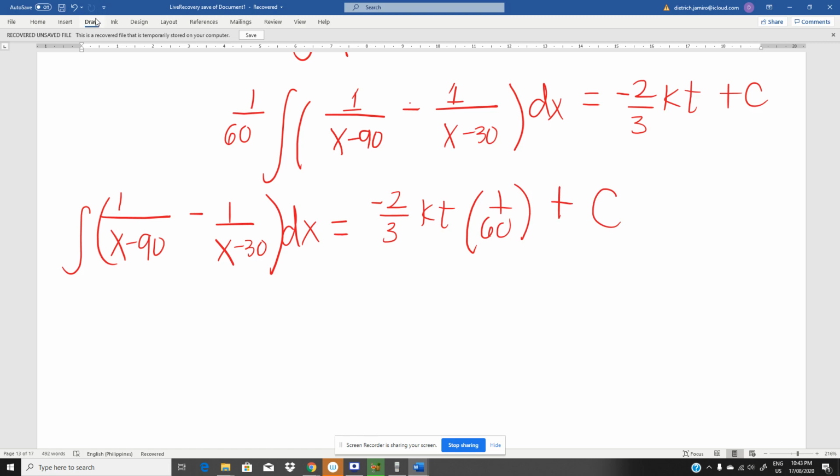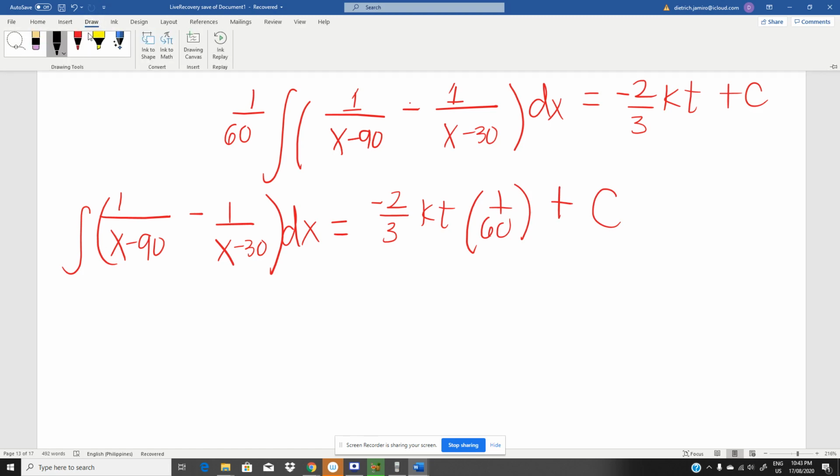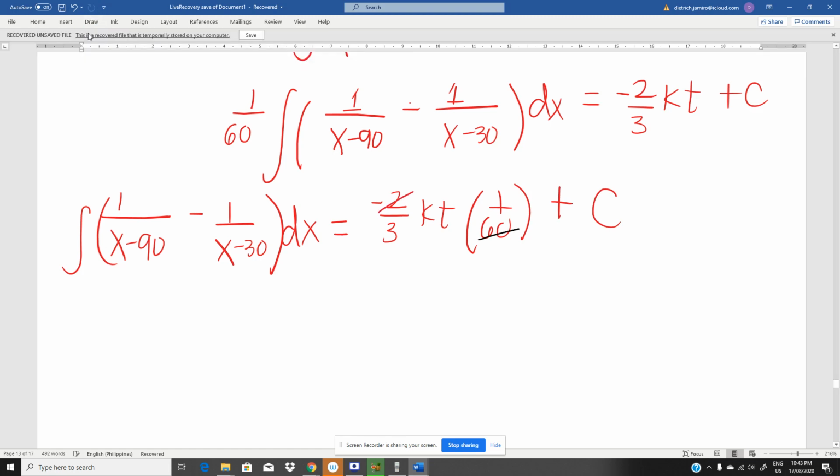So this one will cancel out. So we will have negative 1 over 90 kt plus c is equal to the integral of this.